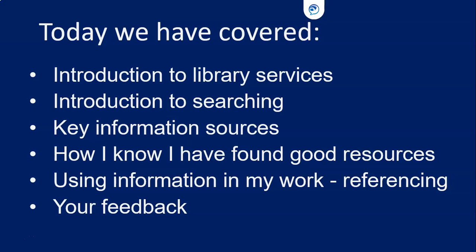And we've also looked at some key information sources such as the Community Care Inform and the ASIA database. We've also looked at how you can evaluate the work and how you can use the information referencing them in the APA style. So hopefully this lecture will have given you a start on how you can use the library services and the library resources to find relevant information.